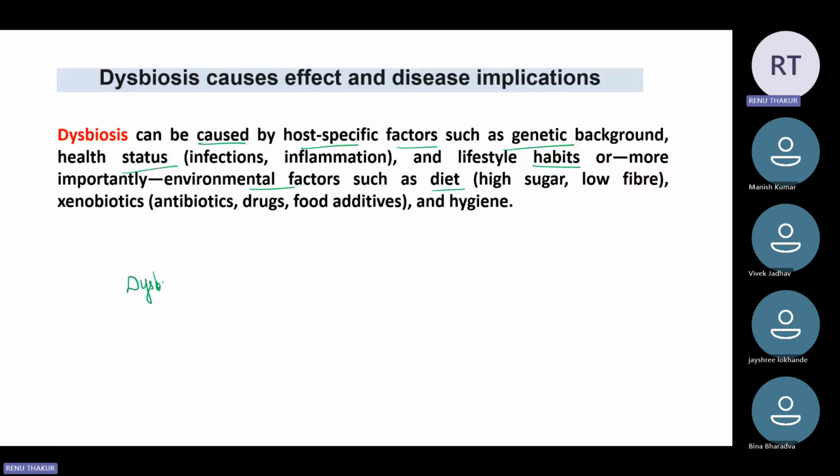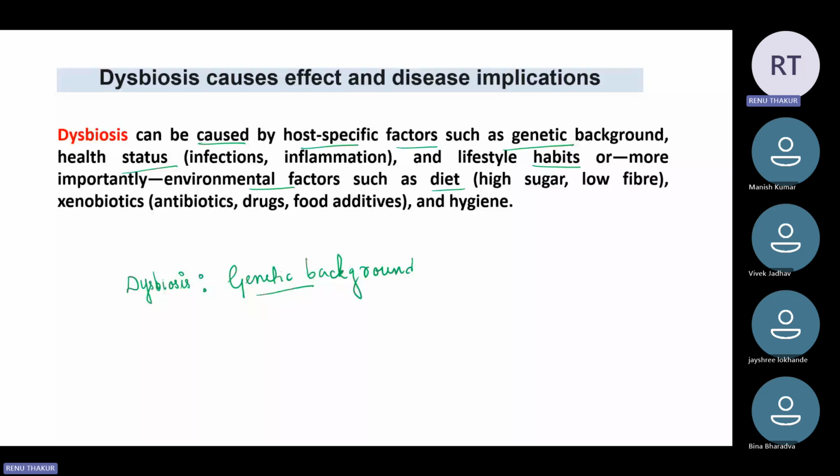Dysbiosis can be due to host specific factors, it means our own bodily factors like genetic background. If our genes are impaired congenitally, if our genes are not healthy, if our genes are inherited from a diseased mother or a diseased father, then there will be chances that our own genes will be impaired by birth. So this is the genetic factor, genetic background.